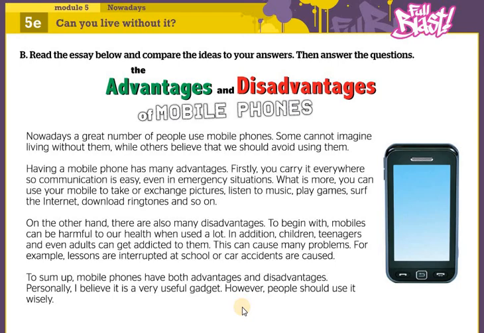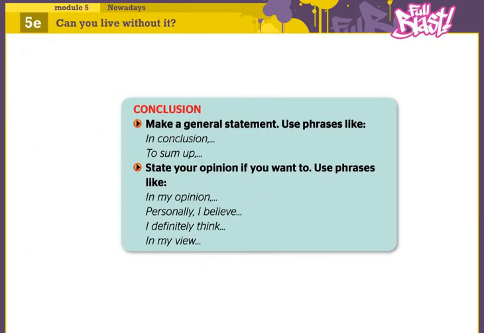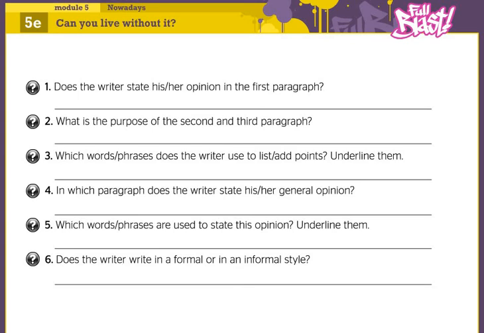So this is the opinion of the writer of this essay. So please, when you finish here, I would like you to go back to these questions, try to answer them, and we're going to move to the big part of this lesson, which is writing an essay, right?